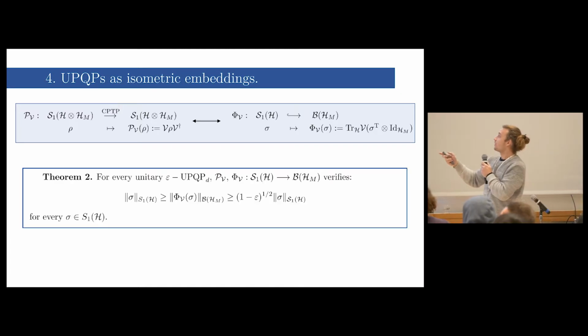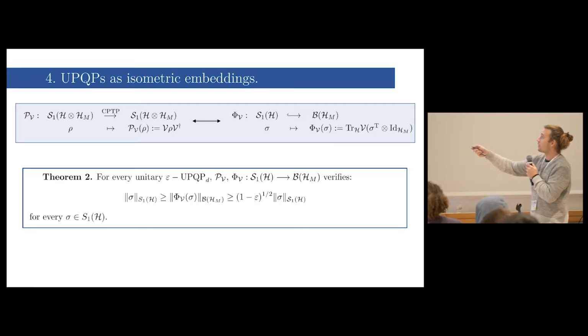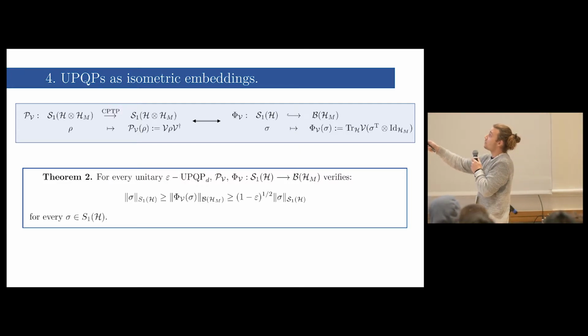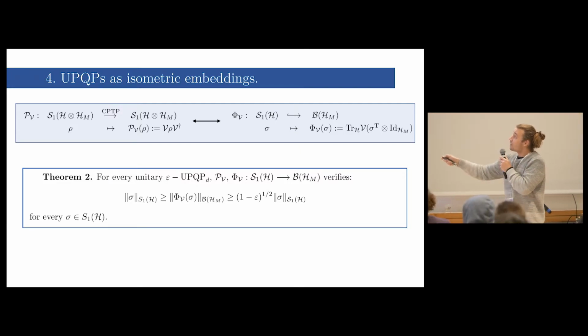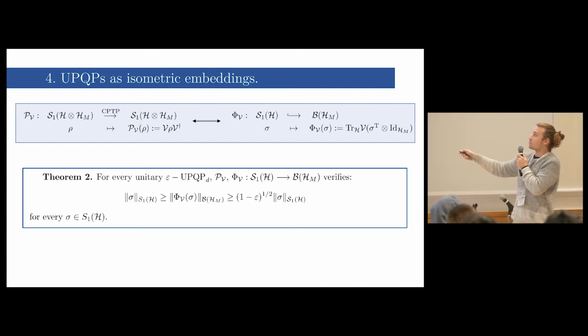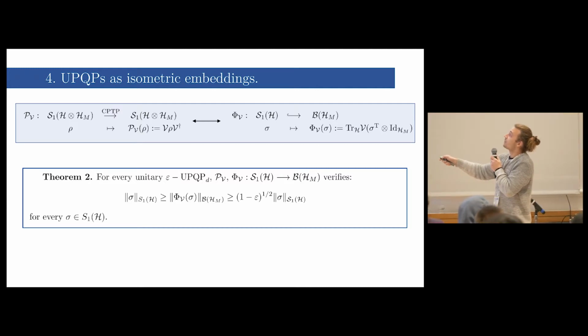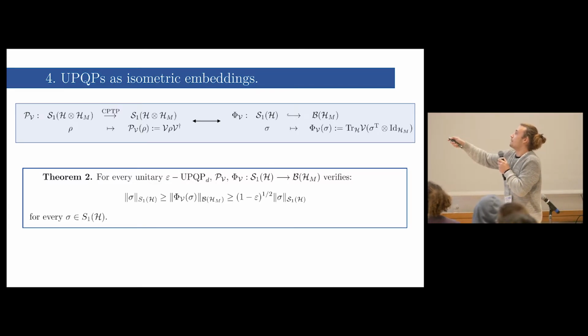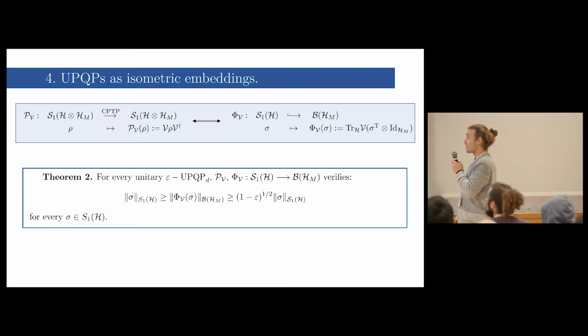So for any unitary epsilon UPQP, the embedding we have just constructed satisfies this chain of inequalities, which in essence tells you that this embedding essentially preserves the norm of any element in this target space, up to a correction which depends on our parameter epsilon.